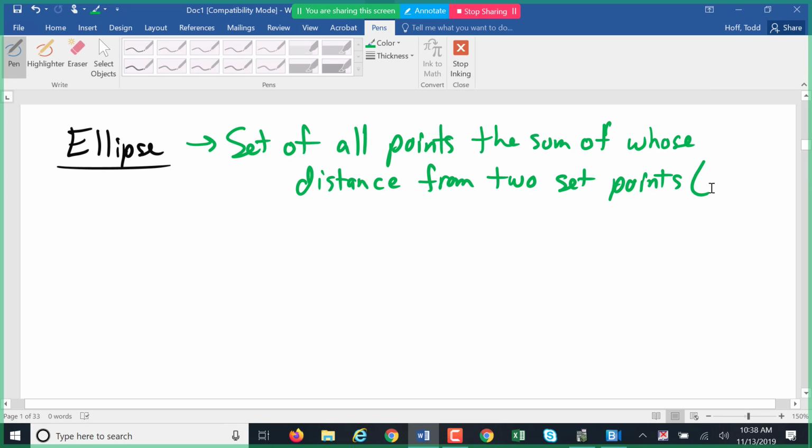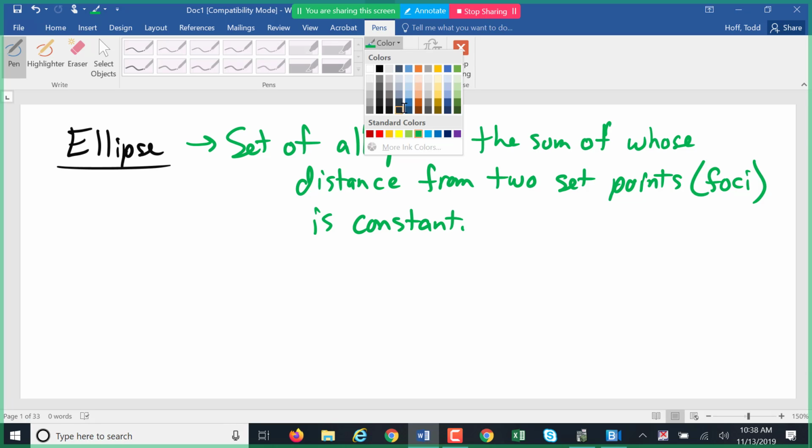Those two set points are the foci of that ellipse, by the way. So what does that mean?